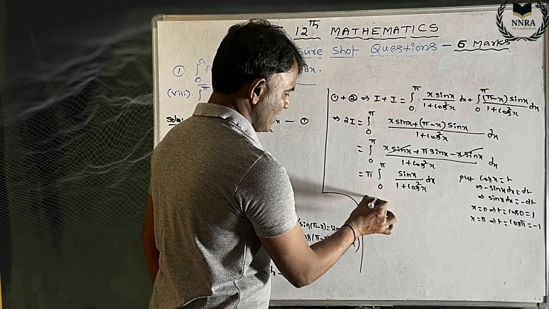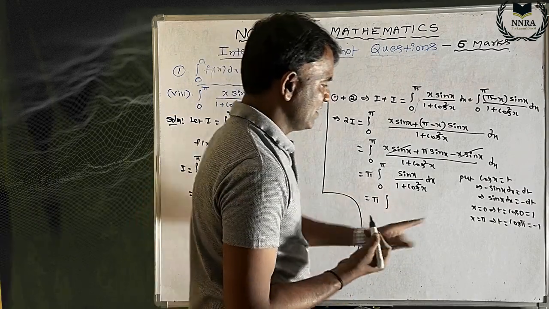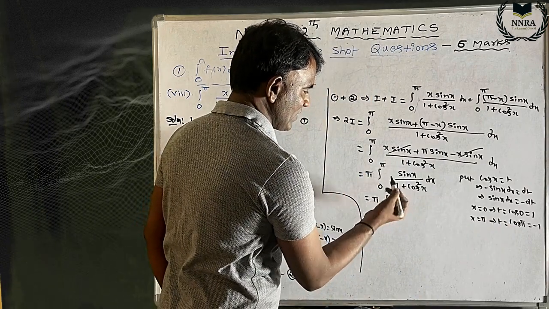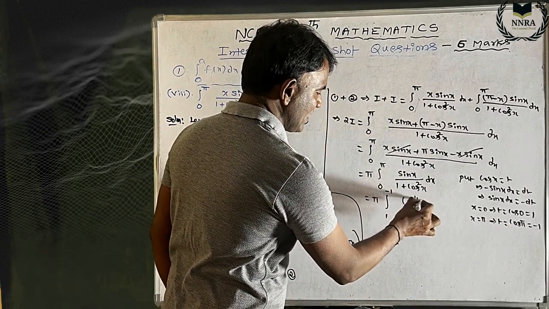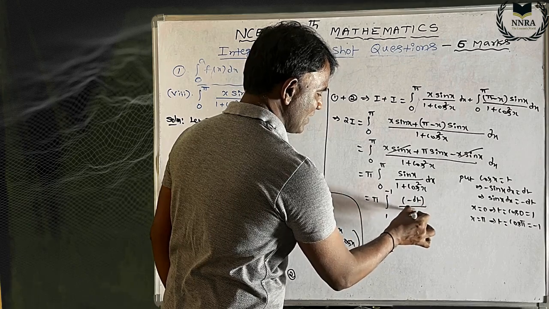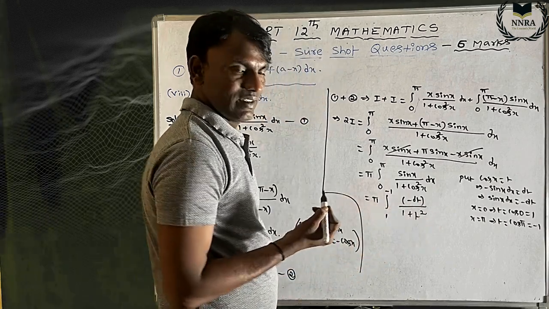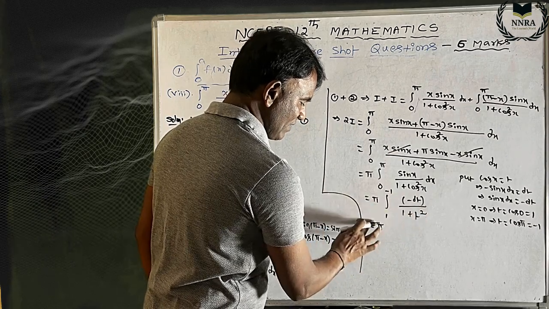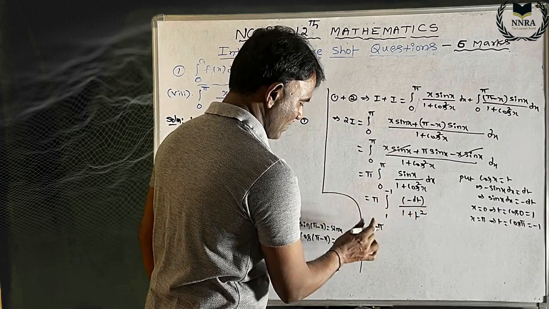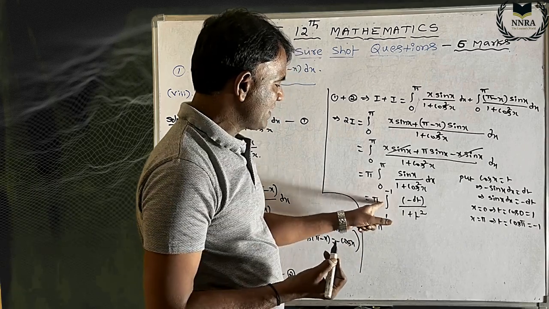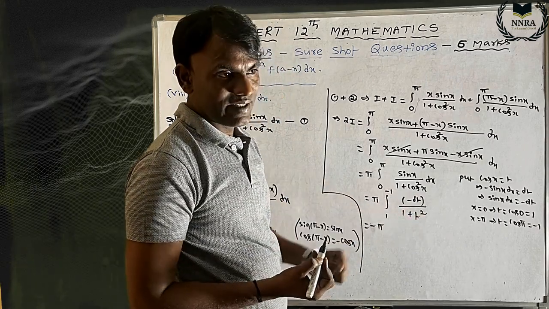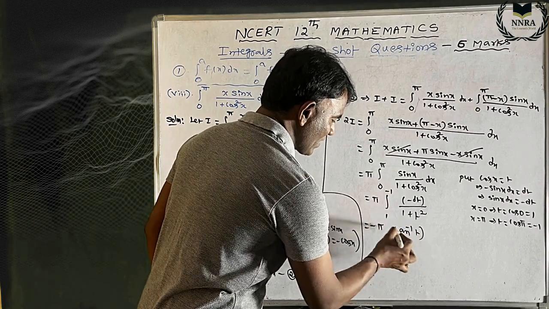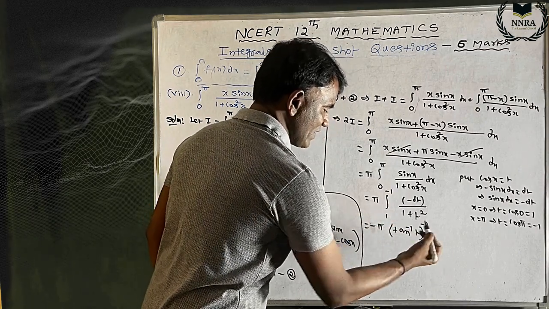So here pi into integral, 0 means 1, pi means minus 1. So 1 to minus 1. Sin x dx is minus dt, divided by 1 plus t square. Right? Now pi into, and the minus is there, better write here minus pi. Okay. And what is integral dx by 1 plus x square? Tan inverse x. So here tan inverse t. Now limits 1 to minus 1.